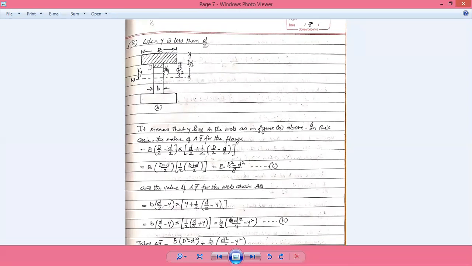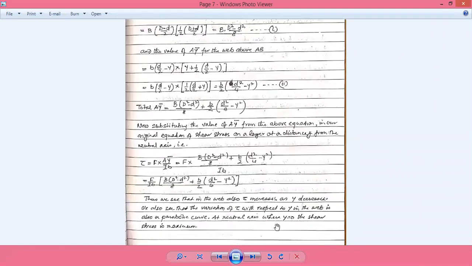So from this distance d by 2, plus half of this height, equal to that distance. If we simplify, A into y bar for the flange is equal to B multiplied by capital D square minus small d square, divided by 8. Now let us go for the web itself.